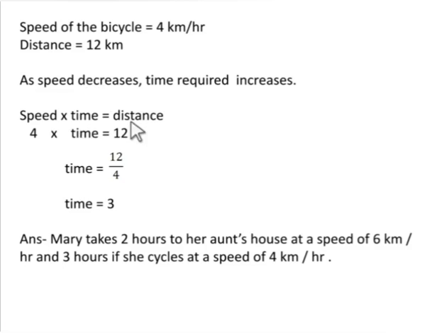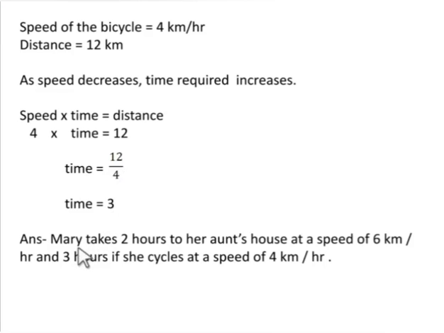Now again we will use the formula. Speed multiplied by time is distance. Here speed is 4 km per hour, so we will write 4. You have to find the time. The distance is 12 km. Now here 4 is in multiplication, on the other side it will come in division. Now when you divide 12 by 4, you will get 3.